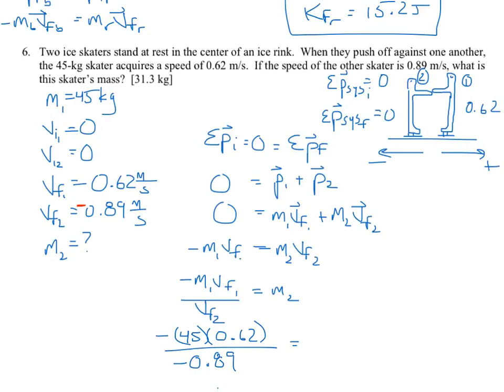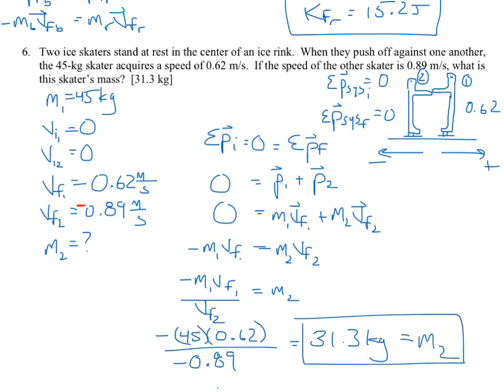That's going to give us a positive value for the mass of person 2. So 45 times 0.62, divided by 0.89, or you can put all the negatives in, but the negatives are going to cancel out. That is 31.3 kilograms, and that is the mass of person 2.